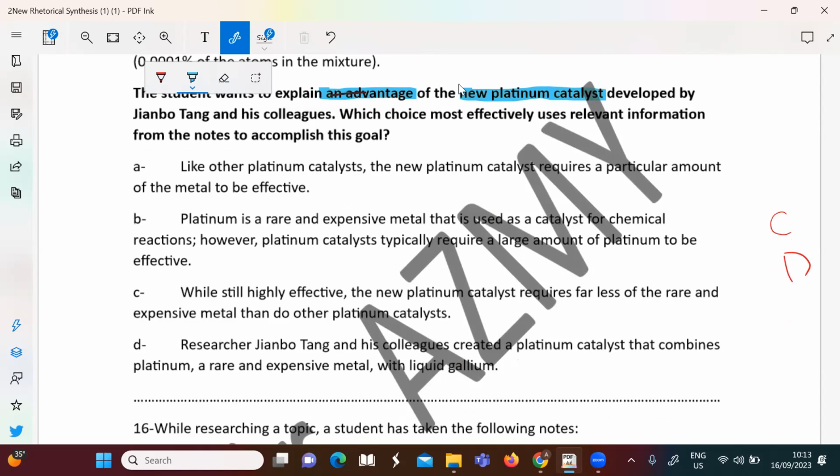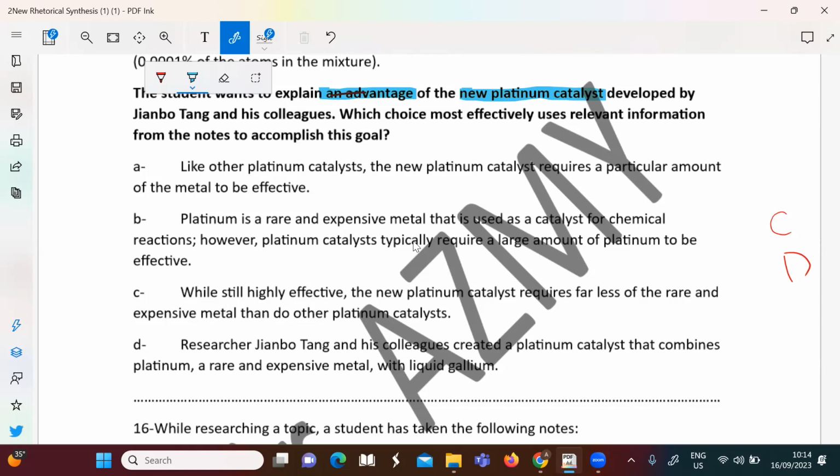Read C at the very beginning and tell me where is the advantage of the new catalyst. It's an advantage because in C they say it requires far less of the rare and expensive metal, while still highly effective. What is still highly effective?